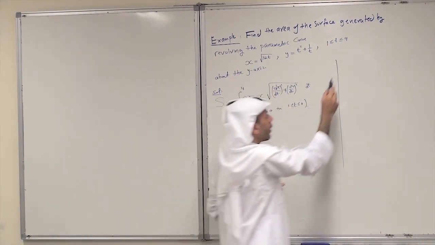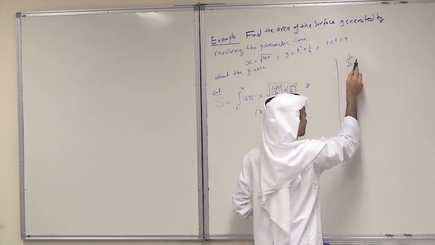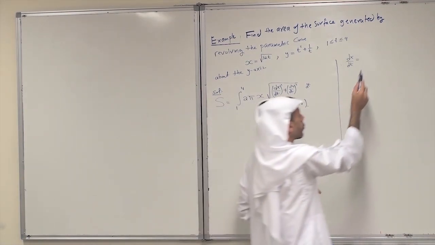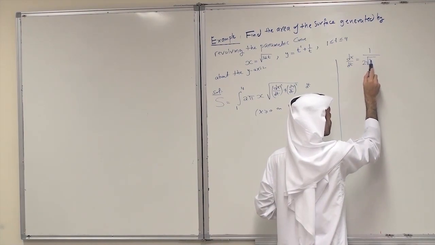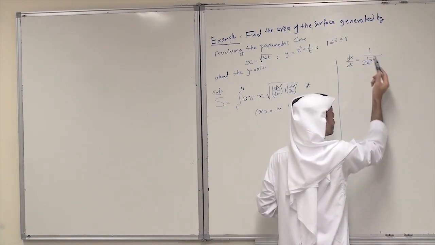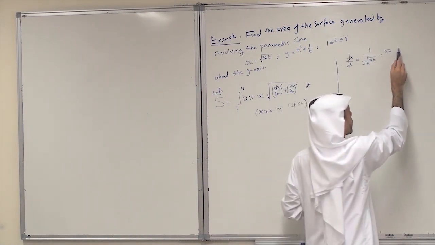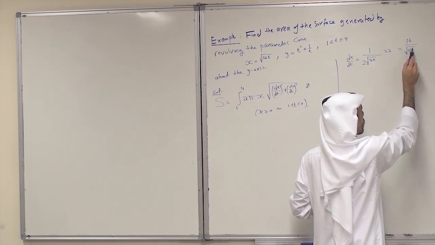For x, dx/dt equals, applying the derivative rules of math 101, 1 over 2 root 32t times, by the chain rule, 32. And this is just 16 over root 32t.